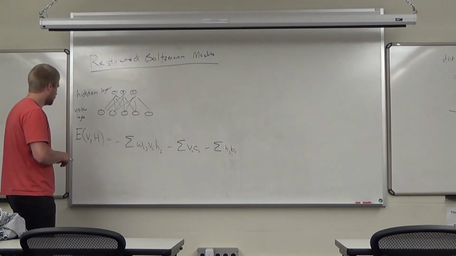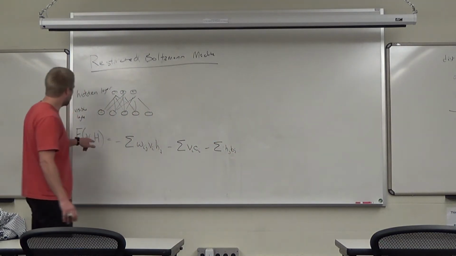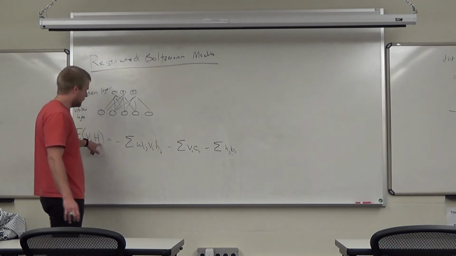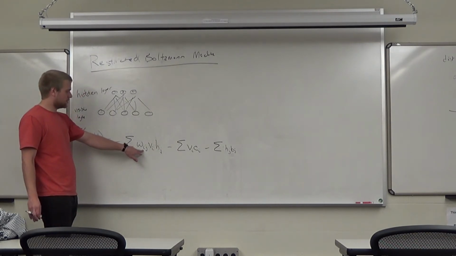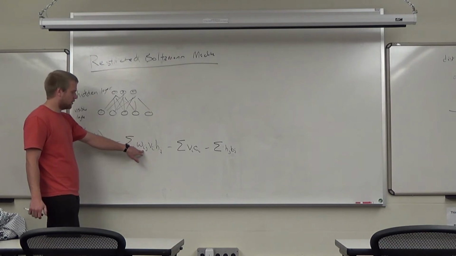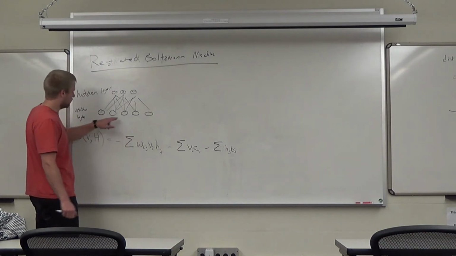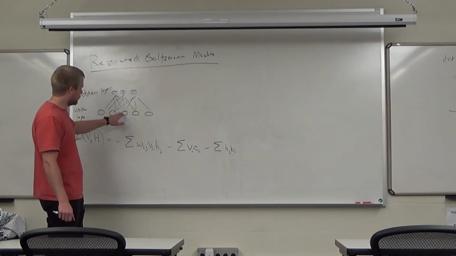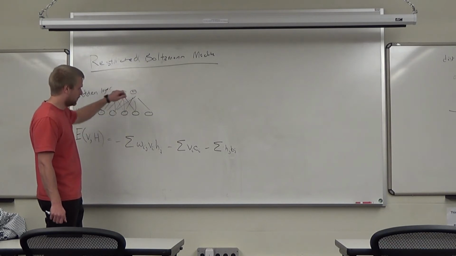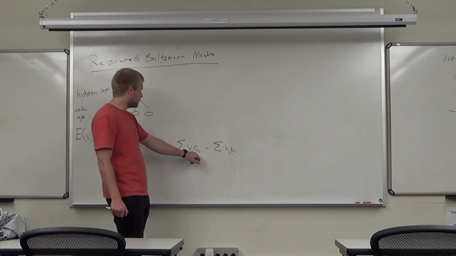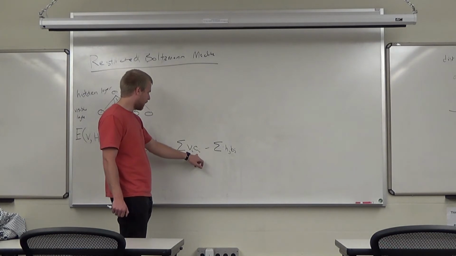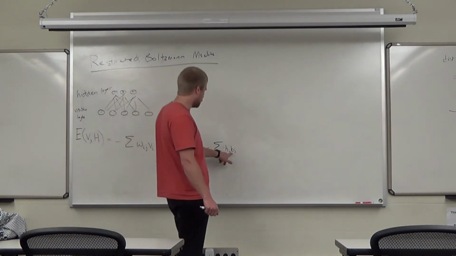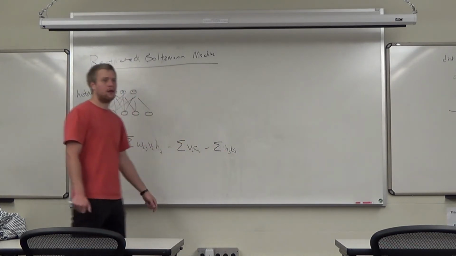Okay, so this is the energy of a given activation assignment, where Wij corresponds to the weight or synaptic connection between the visible unit i and the hidden unit j. C corresponds to the visible biases, and B corresponds to the hidden biases.